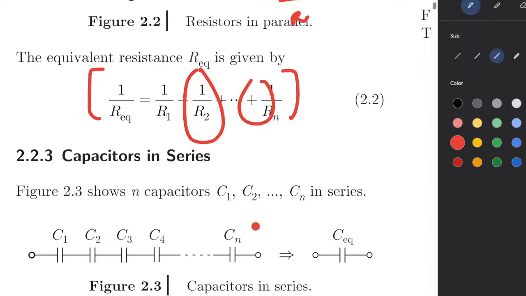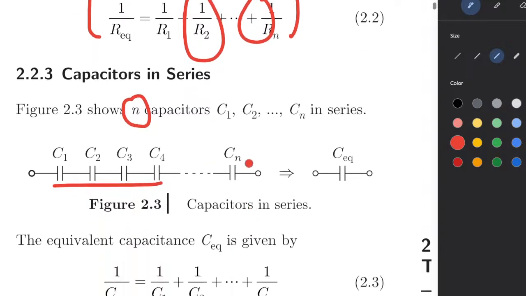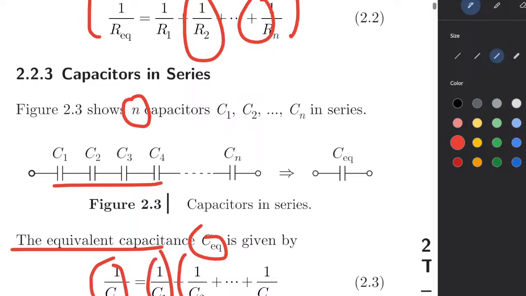What if capacitors are in series? So we have n capacitors. If they are connected in series form, then 1 by C equivalent is equal to 1 by C1 plus 1 by C2, like this.